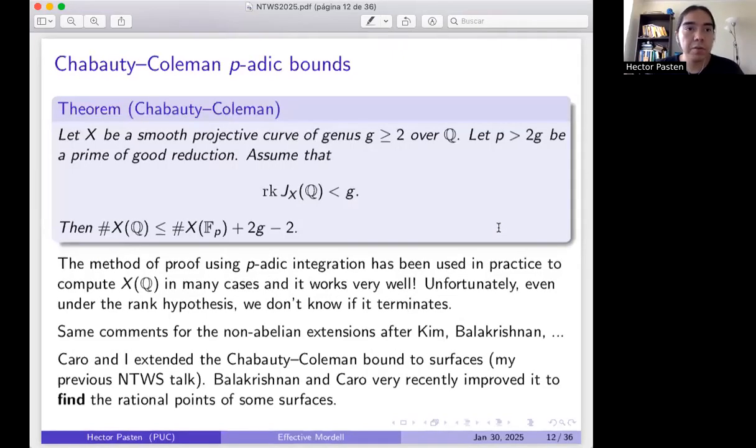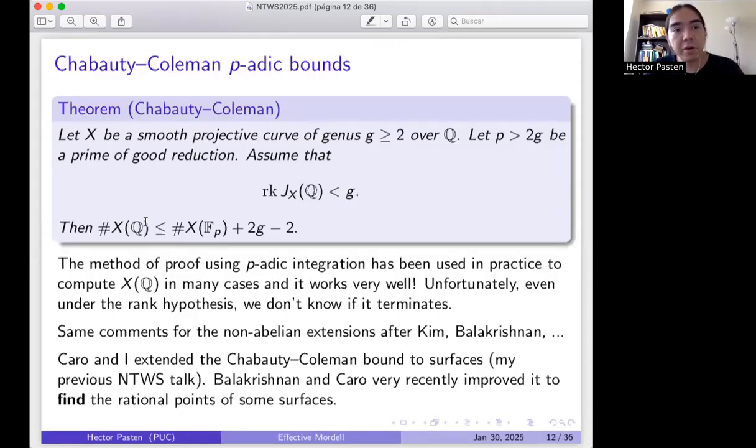And the theorem is this: if you take a smooth projective curve of genus at least 2 defined over Q, and some auxiliary prime, which is not too small, is bigger than twice the genus, and the prime has to be of good reduction for your curve. So you take the curve mod p, and still the curve is smooth. Now we have this Chabauty condition that the rank is strictly smaller than the genus.